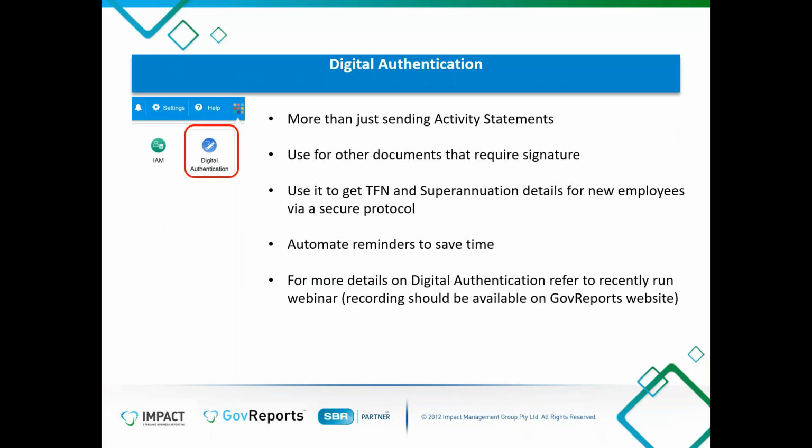So when you set it up, you can have automated reminders come on so that you don't have to constantly remind your clients to sign things, and you can set it up, and it has expiry dates. But there was, I believe, a webinar that was run recently on digital authentication, so that recording should be available on the website.